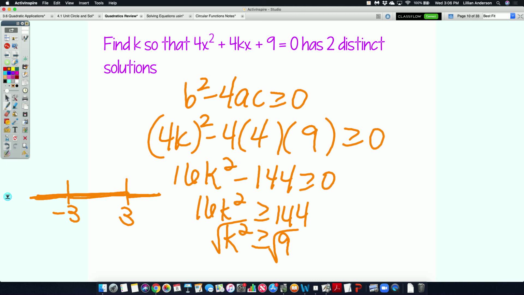This is where the number line came into play, because you're looking for all the values of k that could give you 2 distinct solutions. What's a number that's less than negative 3? Negative 4. You plug it in to see if it's going to give you a value that's greater than 0.